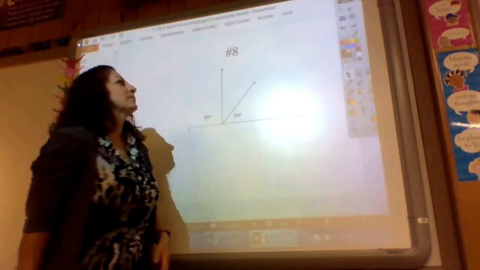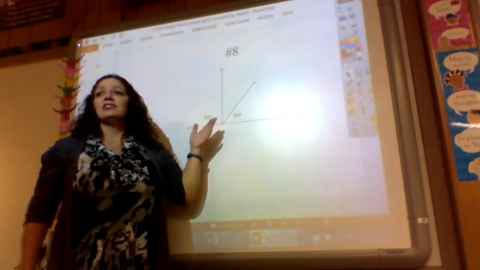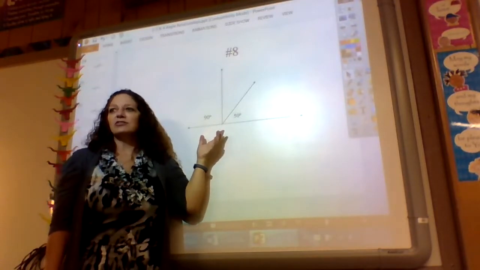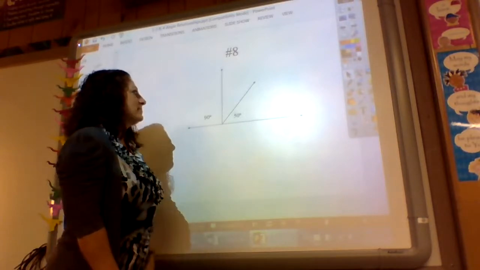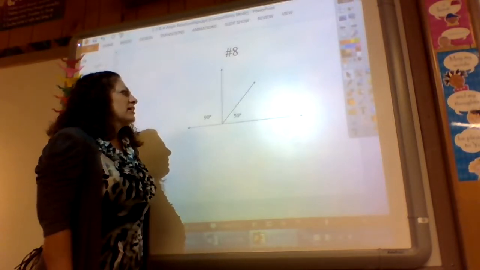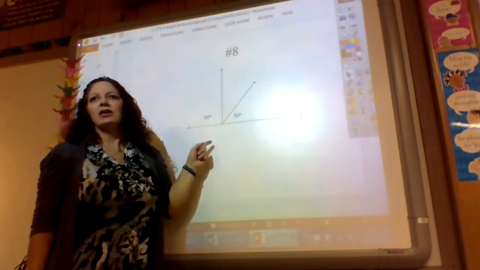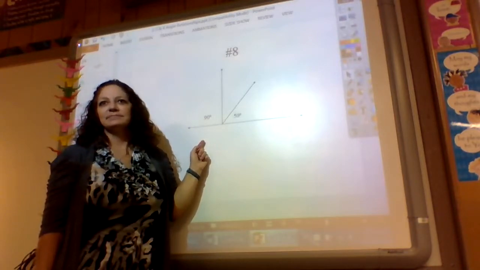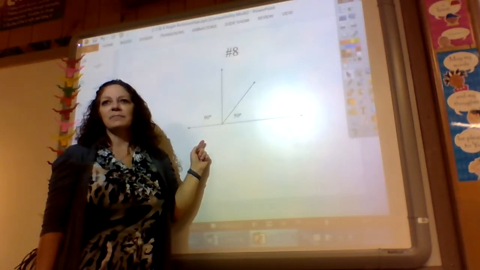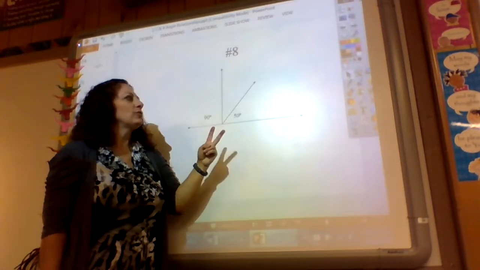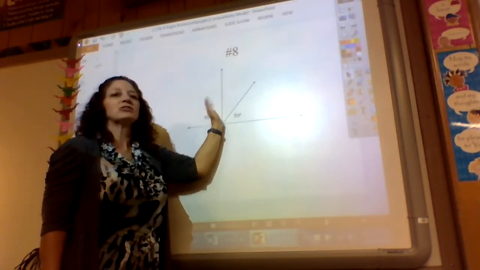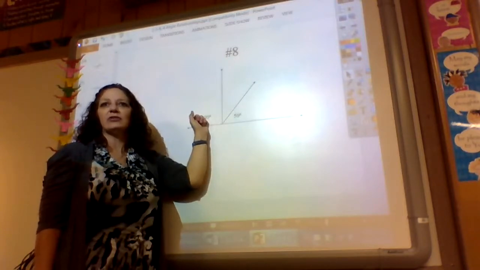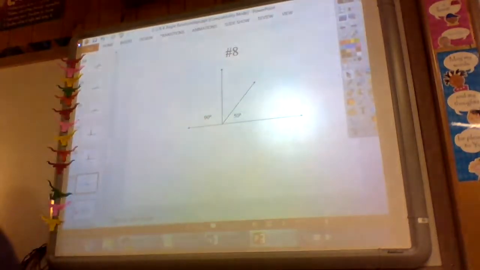So I guess since they're not adjacent, they're otherwise known as non-adjacent. And can these make a linear pair? How many does it take to make a pair? Two, and that's 1, 2, 3. So they do eventually make a line, but it's not a linear pair because there are 3 angles there.